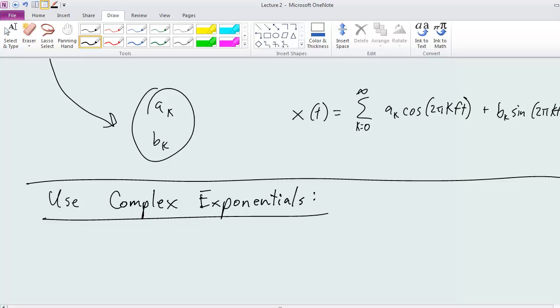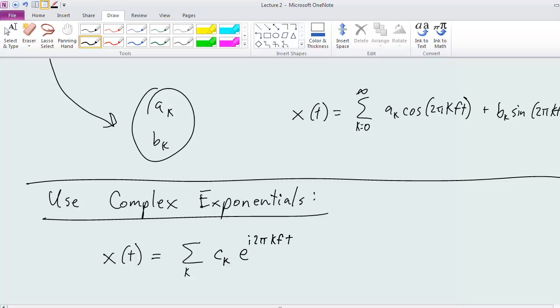What this means is we're going to try to write x of t instead as a sum over k, I'll put the limits of k in a minute, of c sub k times e to the i 2 pi k f t.